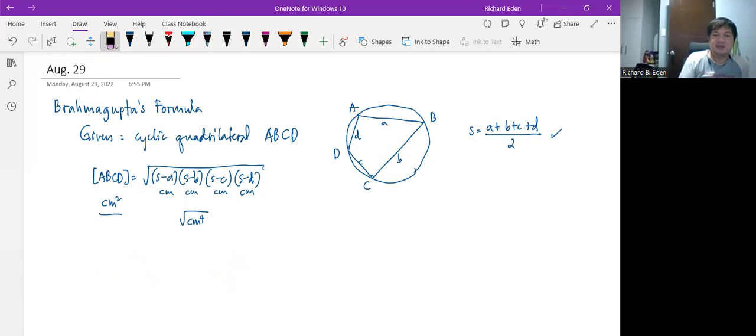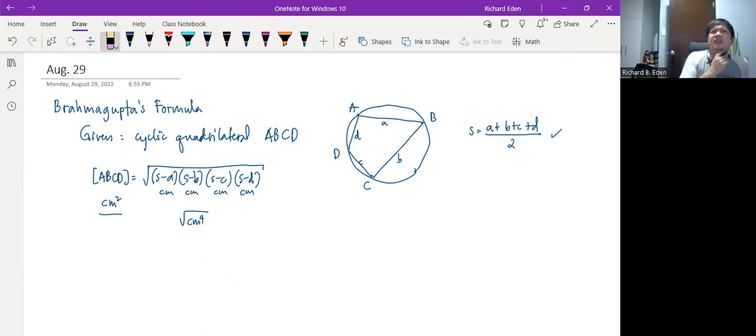Okay, so now you're asking, at least it's clear that if a quadrilateral is not cyclic, the four sides are not enough kasi the quadrilateral is not unique. What if the quadrilateral is cyclic and we're given the four sides?